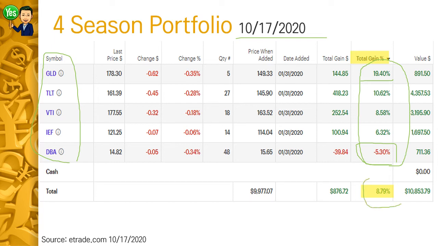But anyway, this one is 8.7%, which means compared to August it's about 0.4% more growth. So it's not bad, right?